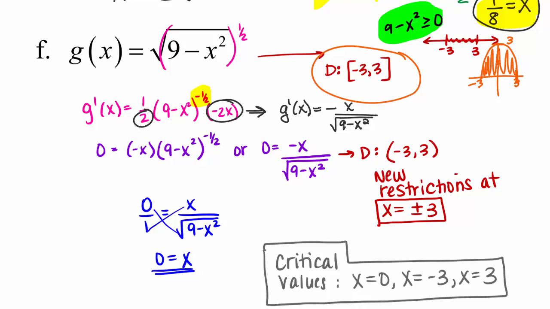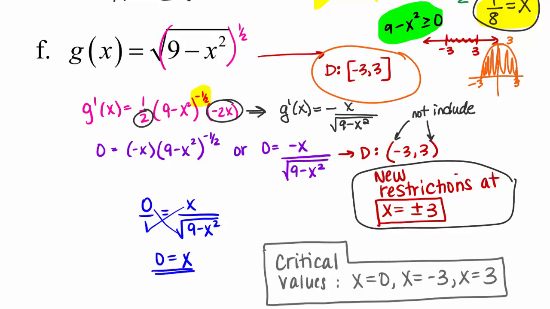So maybe now I can see that whatever before made that square root 0, which would be my 3 and my -3, now I cannot include it. So see here, my domain does not include 3 and -3. So I do have new restrictions at x equals plus or minus 3. So these two values need to be in my critical values list.